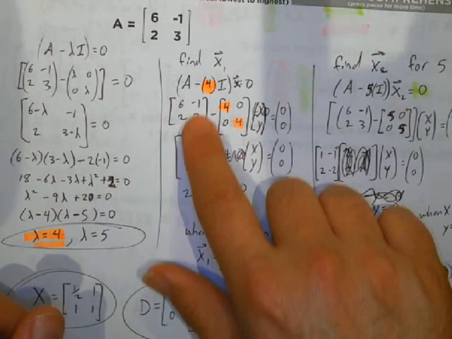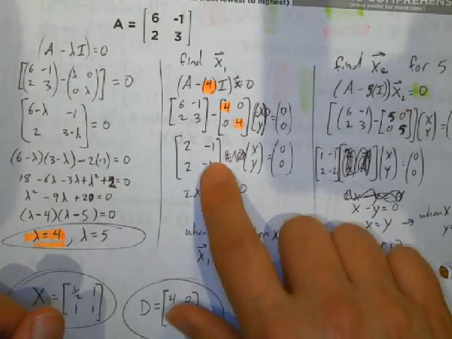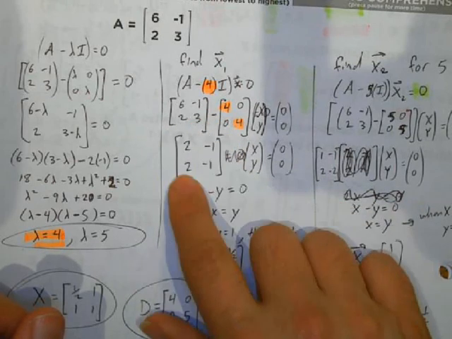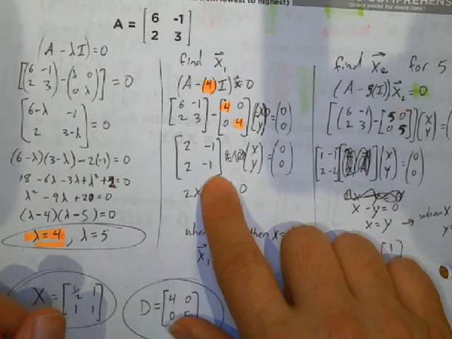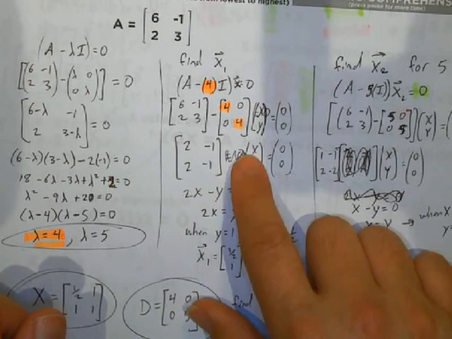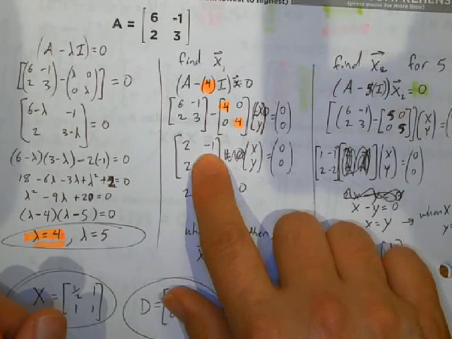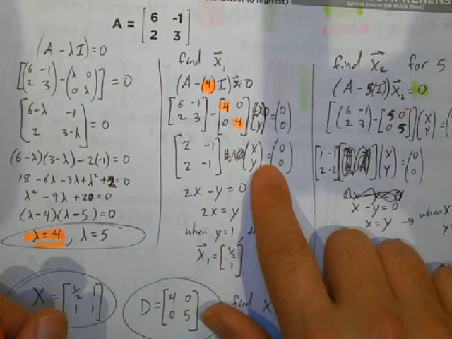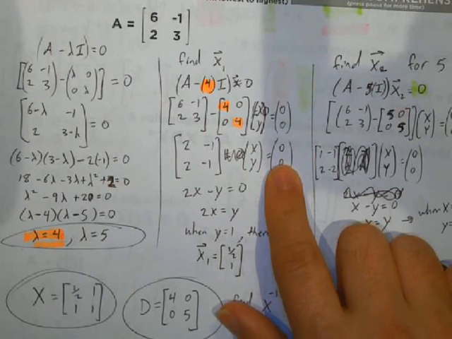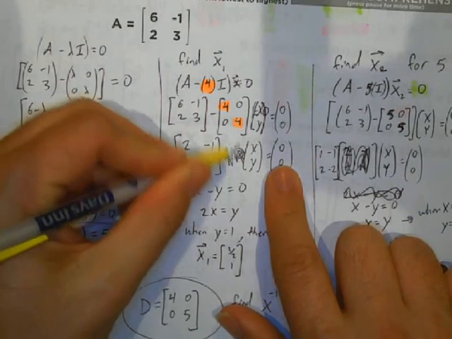Negative 1 minus 0 gives me negative 1. 2 minus 0 gives me 2. 3 minus 4 gives me negative 1. x, y. So I do 2 times x plus negative 1 times y equals 0. Okay, ignore this. Sorry that I wrote that.